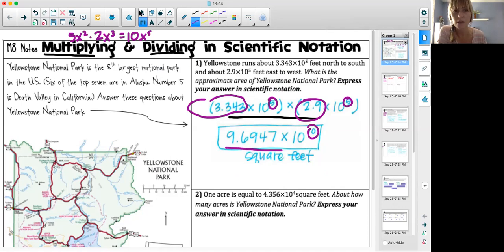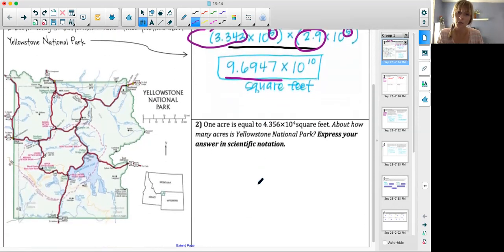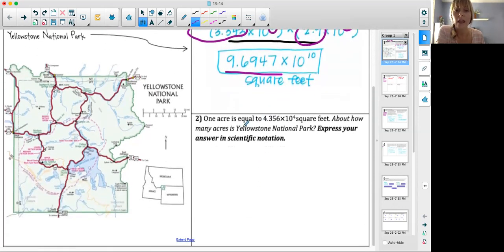So this right here, and I kind of covered up that 10, so I want you to be able to see it. This right here, 9.6947 times 10 to the 10th square feet, is the approximate area of Yellowstone National Park in feet. Now, in square feet, square footage, because remember, area is the square space. Now, another way that we measure land is with acres.